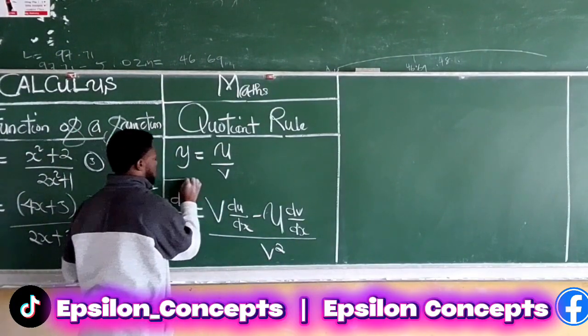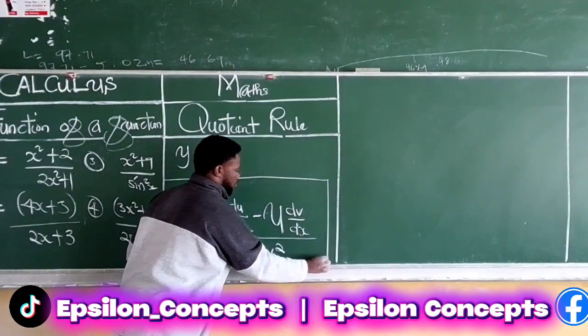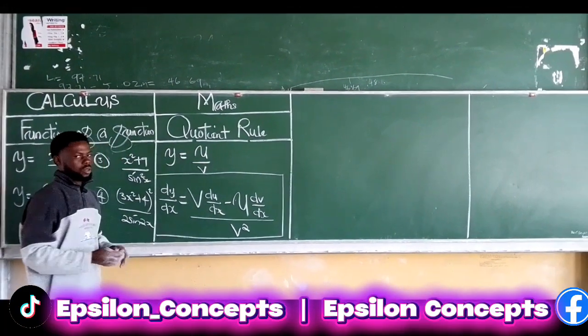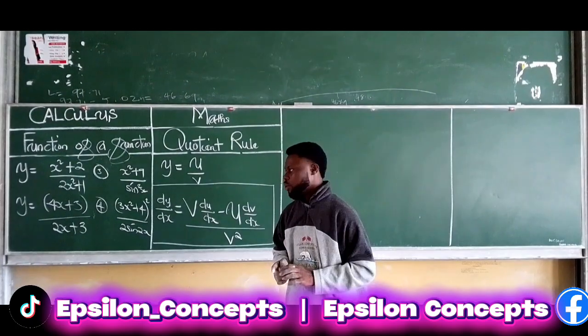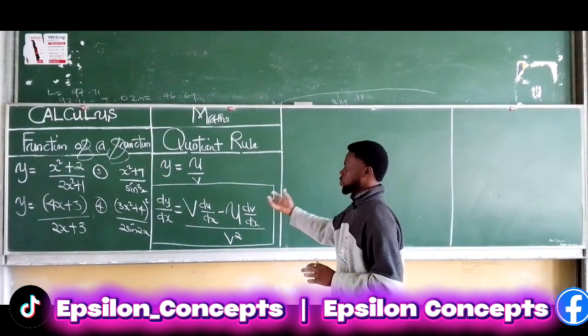Now this is the general formula for the quotient rule. Now we are going to consider some examples using this formula.